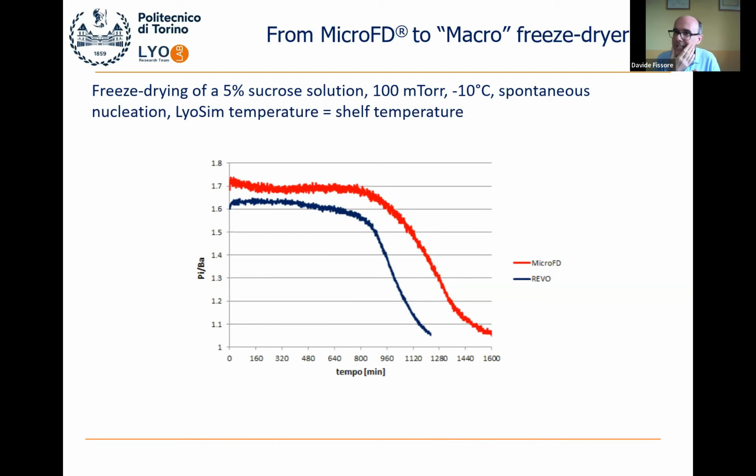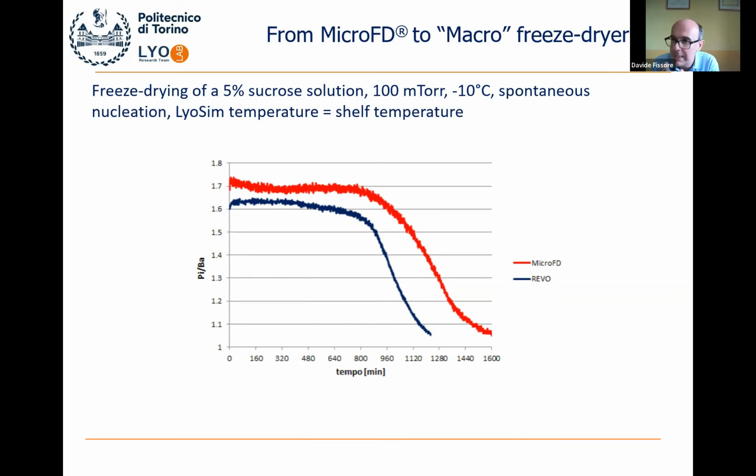Drying time is the inflection point of this curve, or in some cases is considered to be the onset or the offset, where there are for sure at the offset. When the difference between the Pirani and Baratron pressure is very small, you may say that drying has ended. And you may see that in this case, in MicroFD, drying is longer than in Rivo.